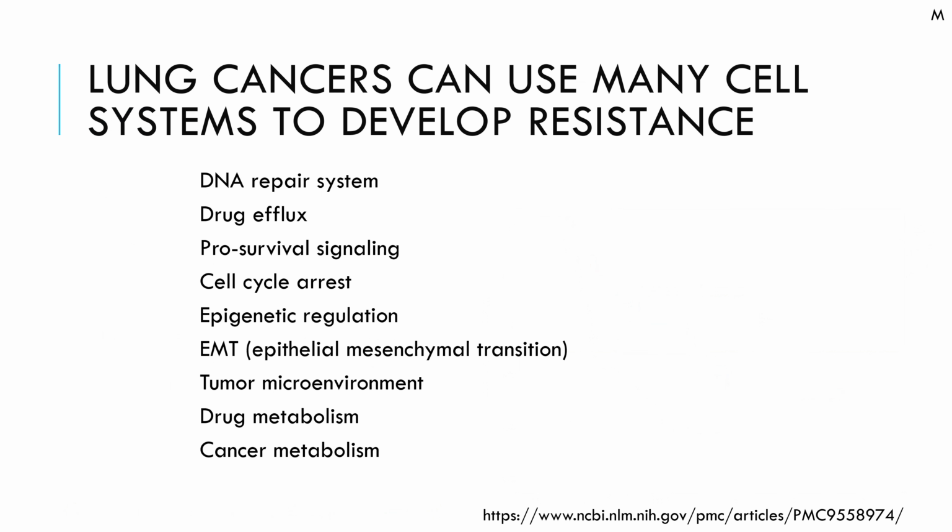Thank you. So tumor microenvironment. What is the kind of the signaling chemicals around it, or if there's inflammation signals, those kinds of things. Drug metabolism, how quickly things are able to be extruded or removed.